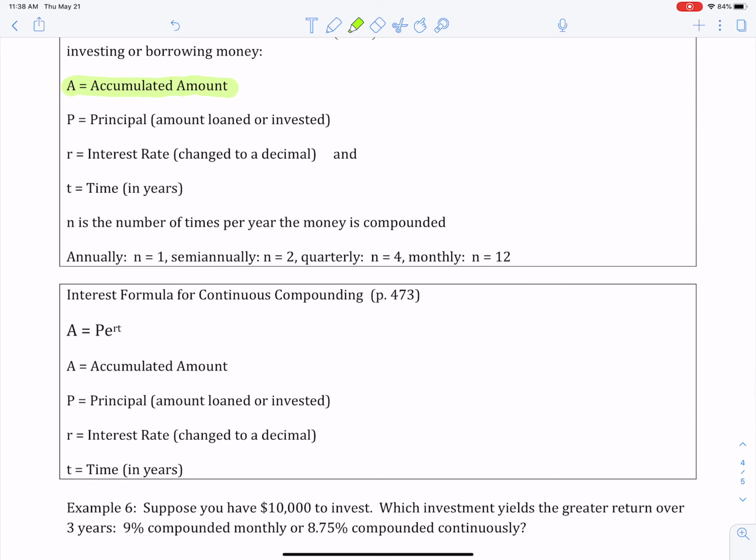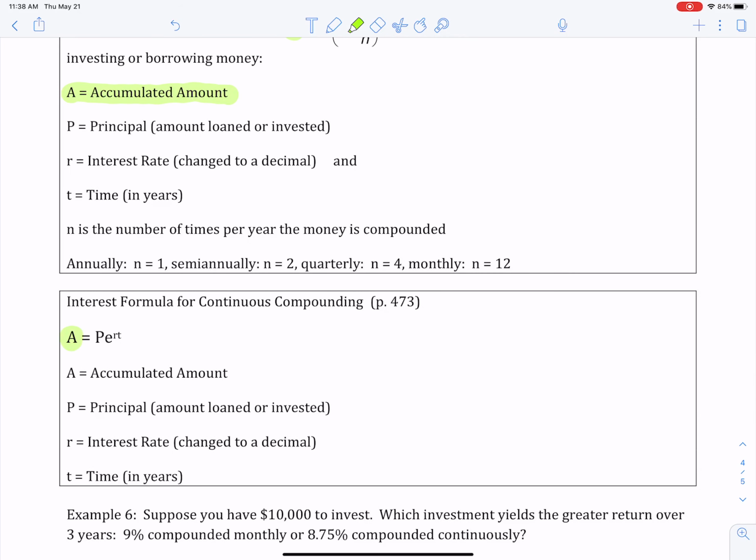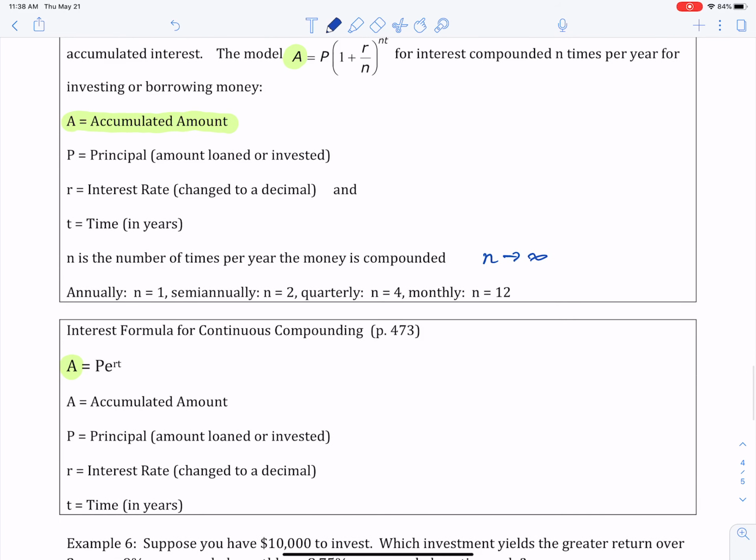Again, the accumulated value is going to be equal to the principal times the number e powered by the rate times the time. Those two formulas are identical when n is an infinitely big number. When n approaches infinity, the formulas are identical.